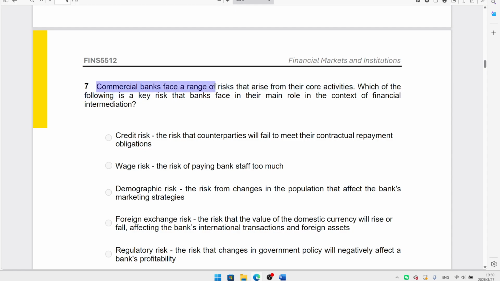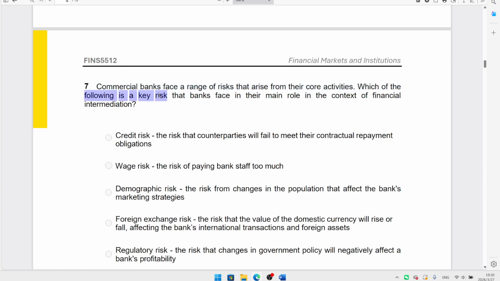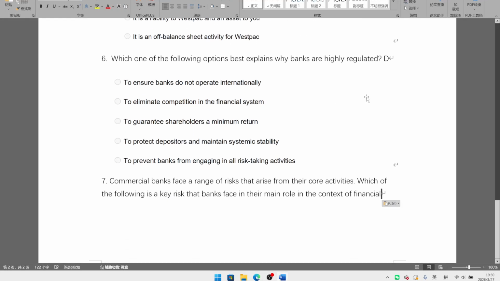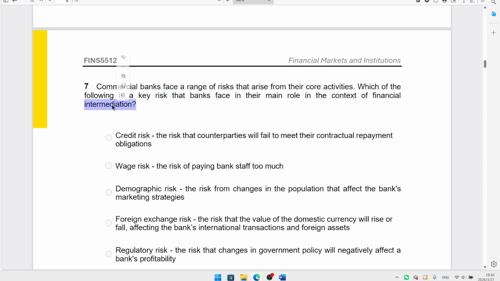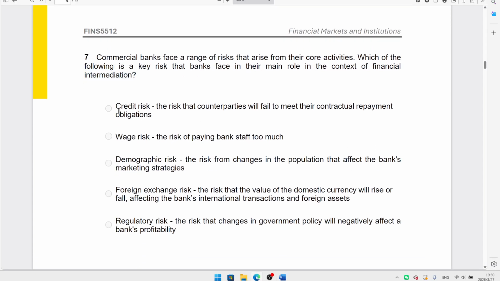Commercial banks face a range of risks that arise from core activity. Which of the following is a key risk that banks face in their main role of financial intermediation?